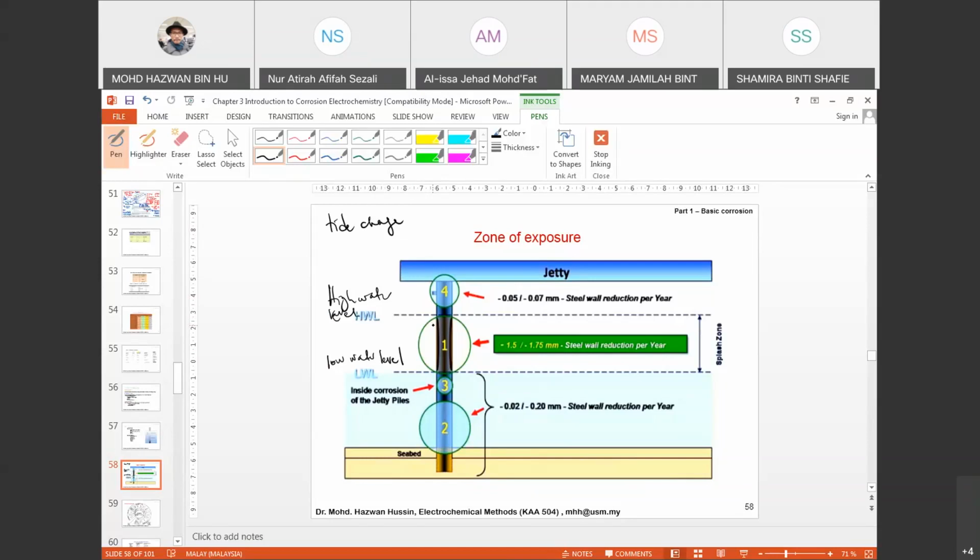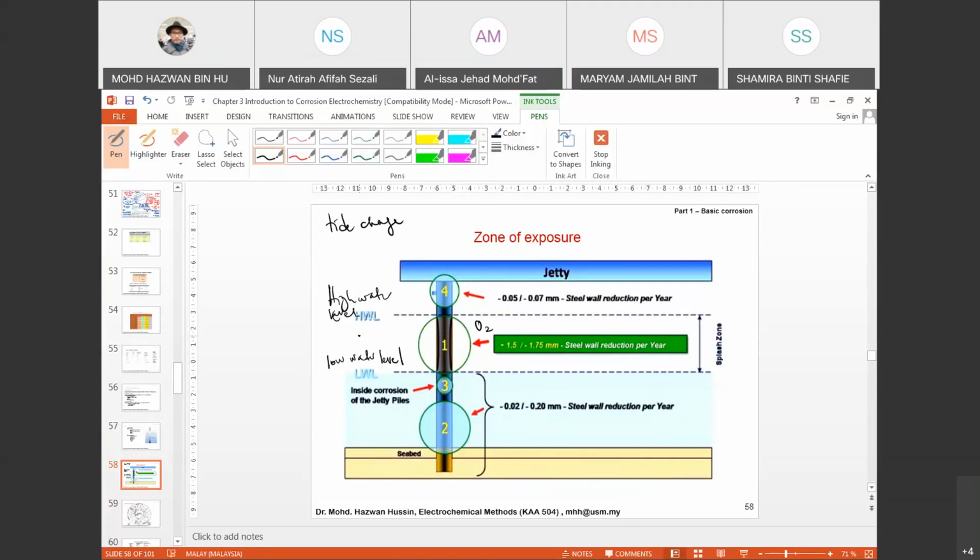Okay, so because of the tidal change, for example, if it is a low tide, then you will see that this area will be exposed to the environment. It will be exposed to the air, to oxygen during low tide. And then during high tide, this area will be covered again with water.